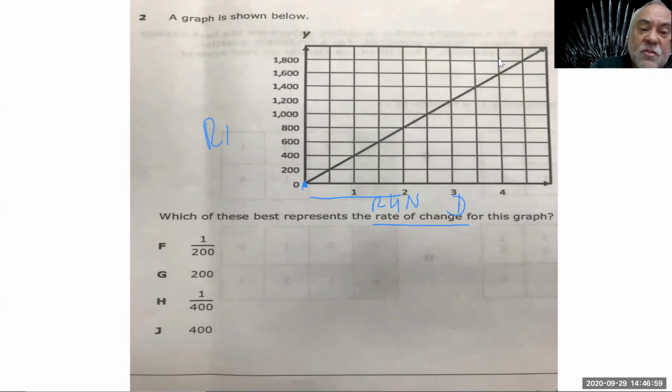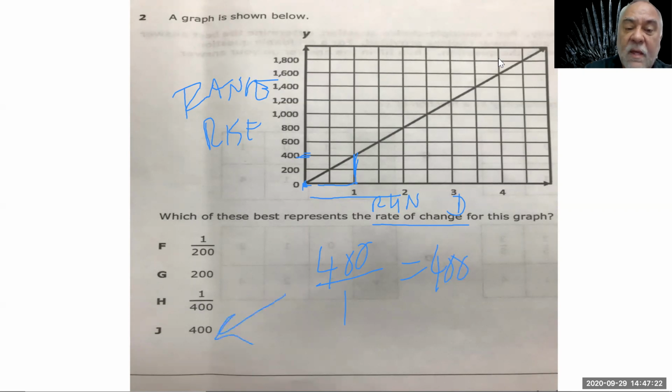This is rise or the range. Okay. So if you have a run of 1, what's your rise up to there? The rise is 400. So rise over run, 400 divided by 1 is 400.